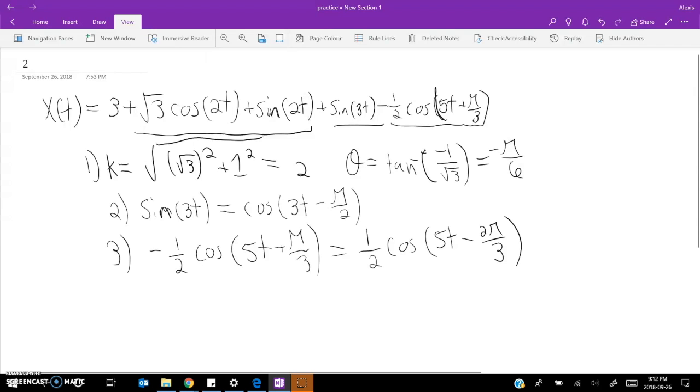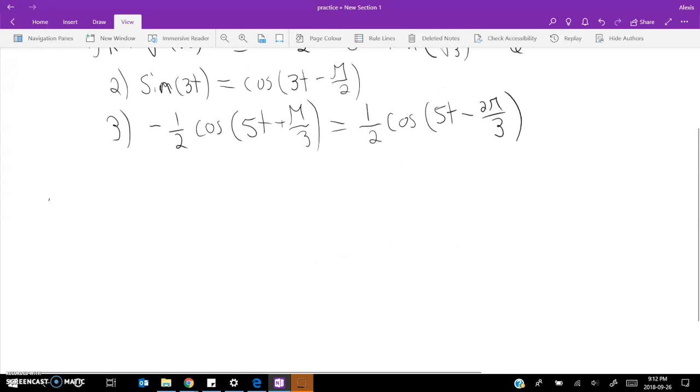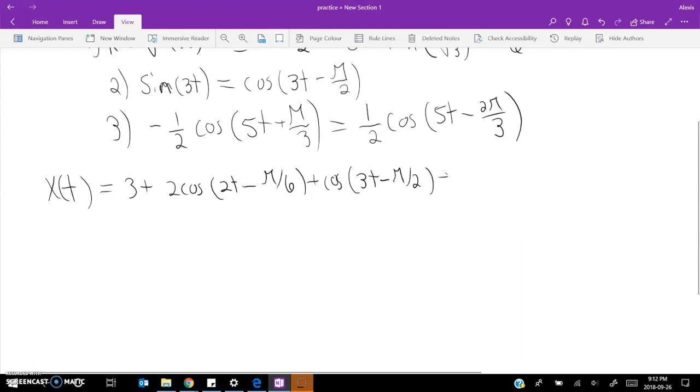So using all these three steps, we could rewrite the signal such that x of t is equal to 3 plus 2 cosine of 2t minus pi over 6 plus cosine of 3t minus pi over 2 plus a half cosine of 5t minus 2 pi over 3.